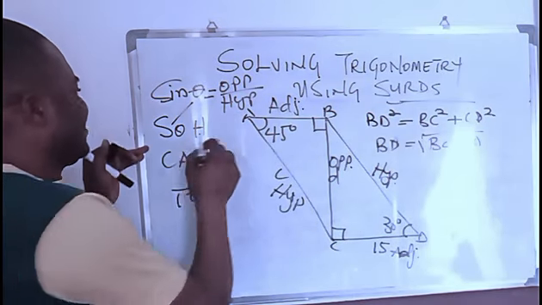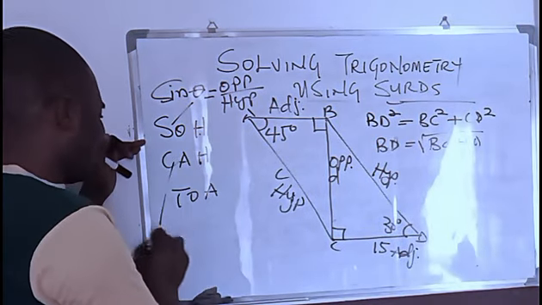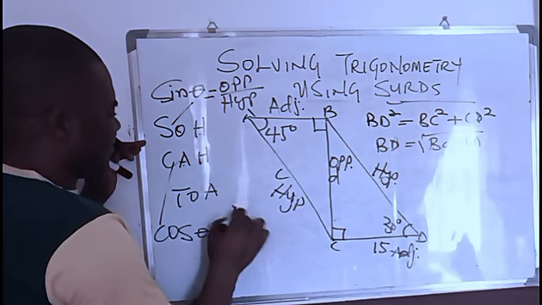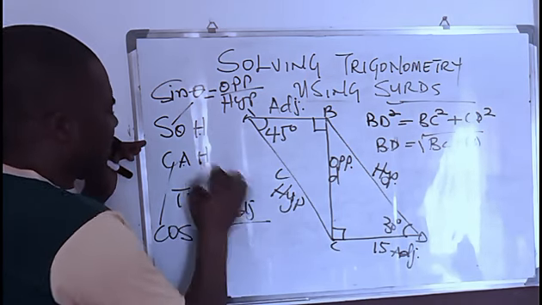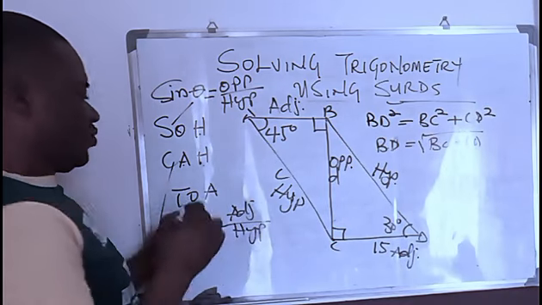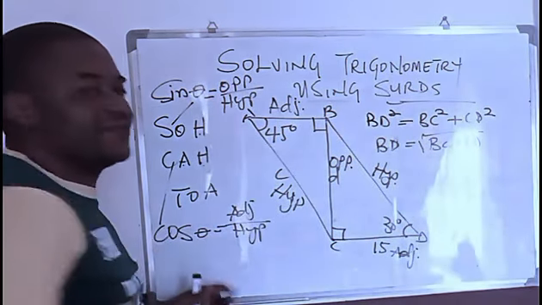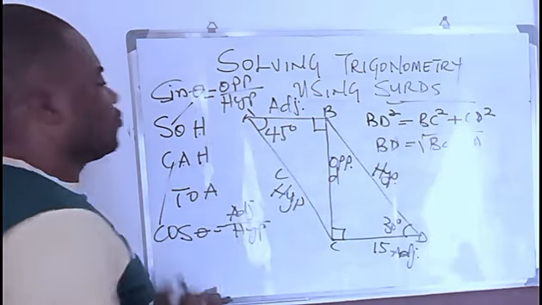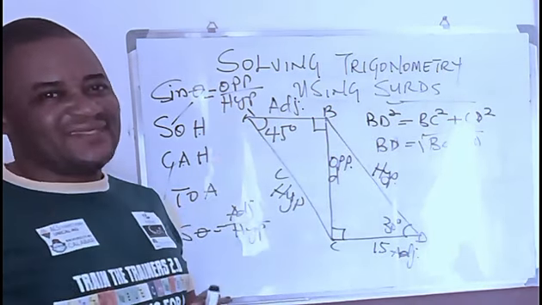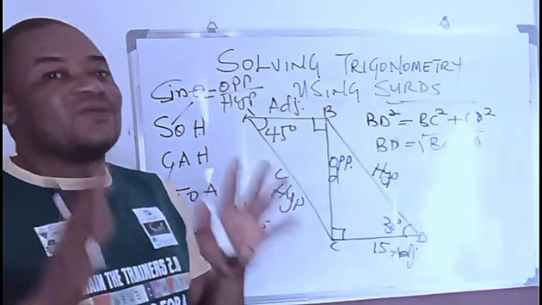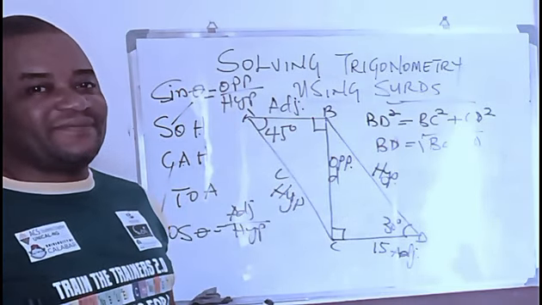Then you have the CAH, which is cos theta equals adjacent over hypotenuse, which means that whenever you are given adjacent and hypotenuse, you are expected to use cosine. These are conventions that you must know to be able to flow in trigonometry.